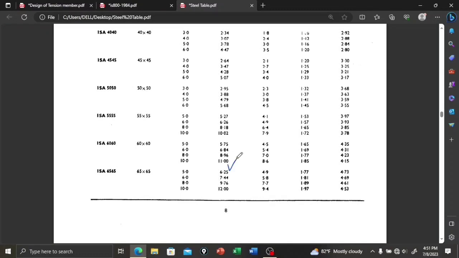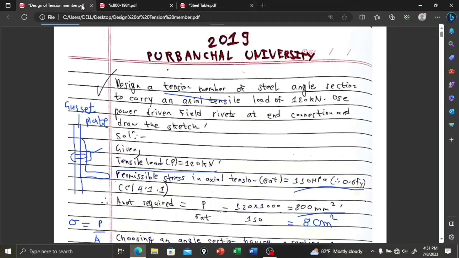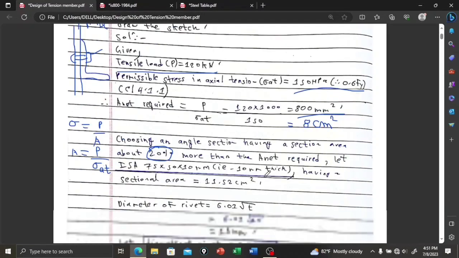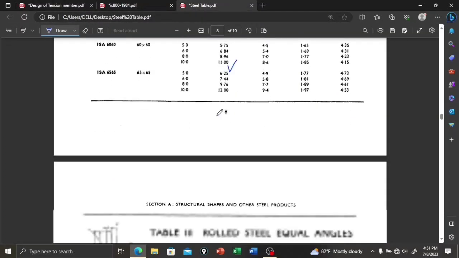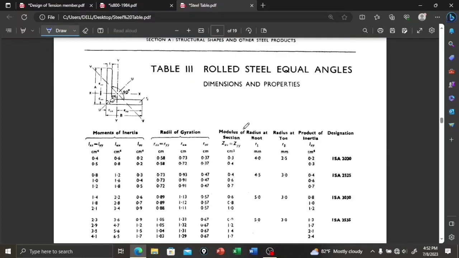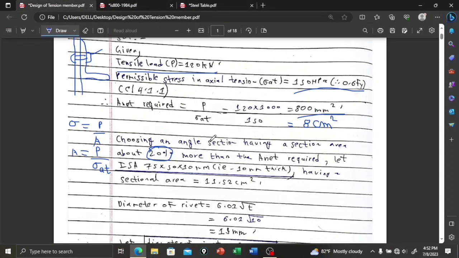We can choose this ISA 6060, or ISA 755010. We can choose this also, but I have chosen ISA 755010.